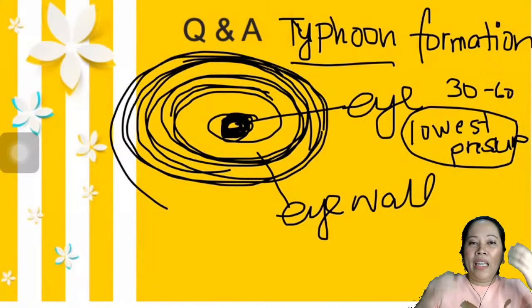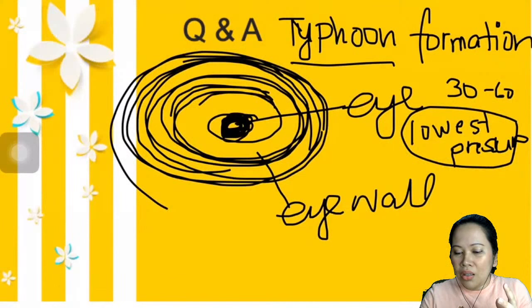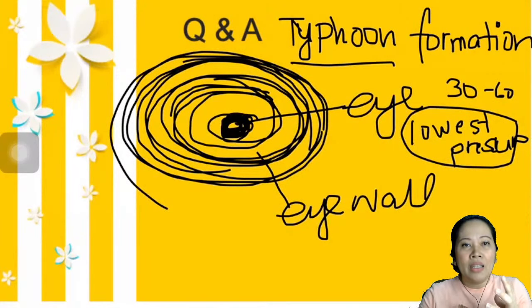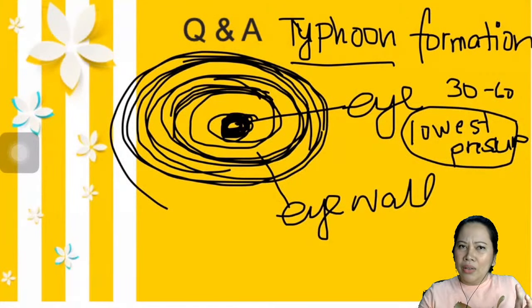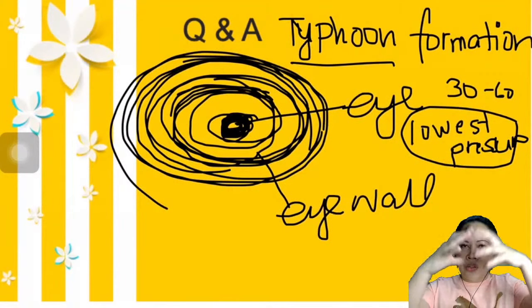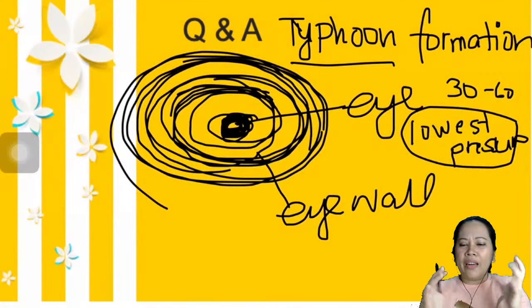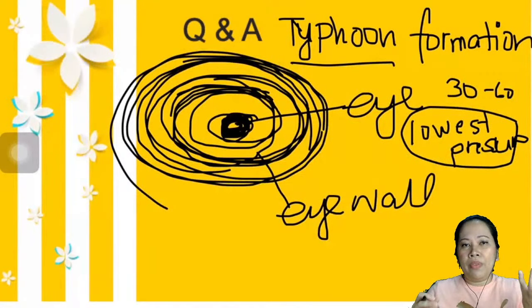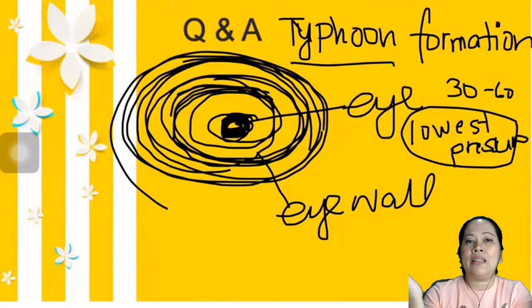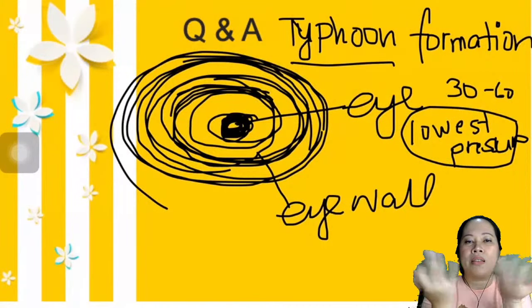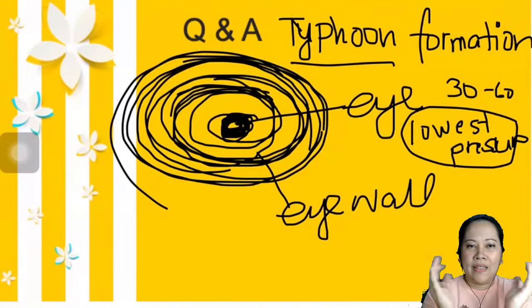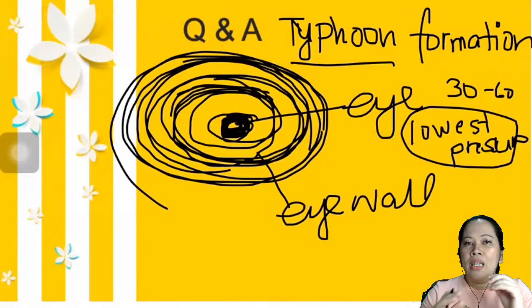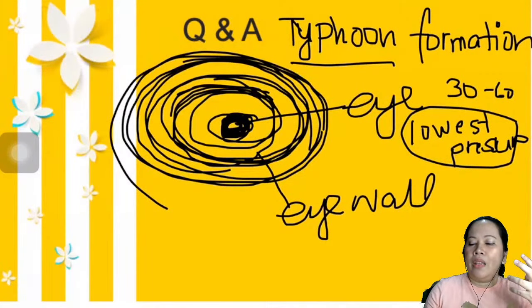Okay? And then you have your eye wall, the surrounding part of your eye. It's a very thick cloud that is surrounding your eye. The air is sinking because your eye is very warm, and the eye wall is a bit cooler. So this is a very deep convection here.